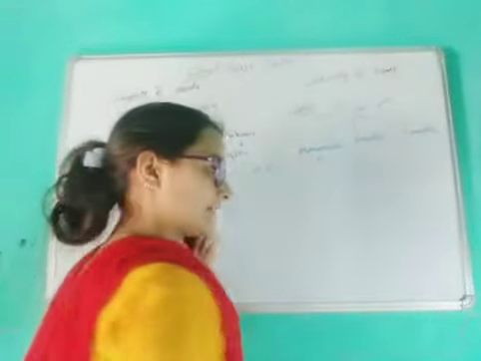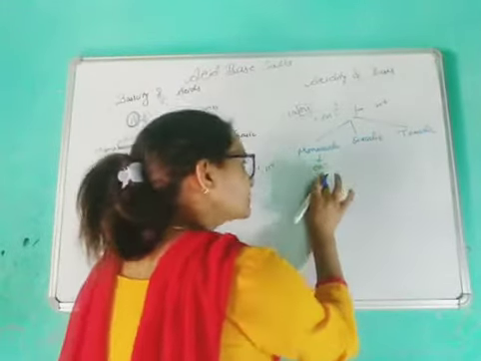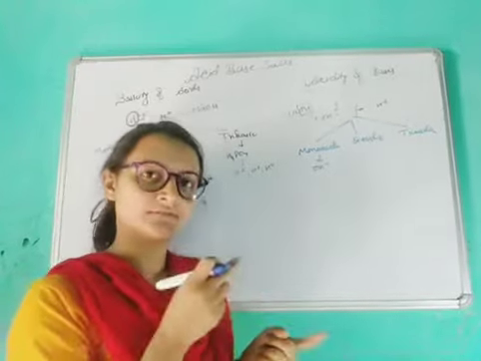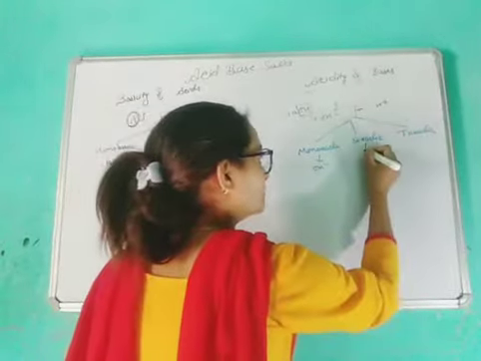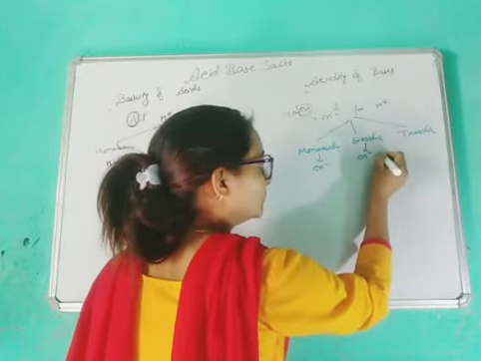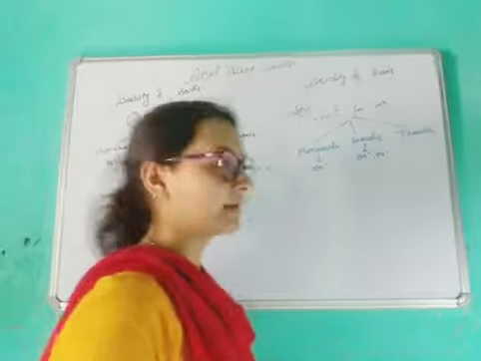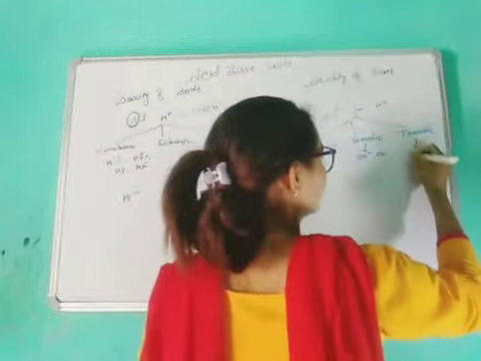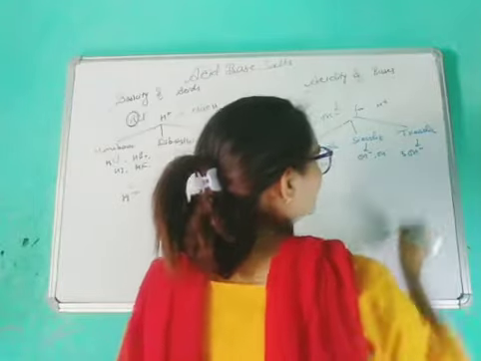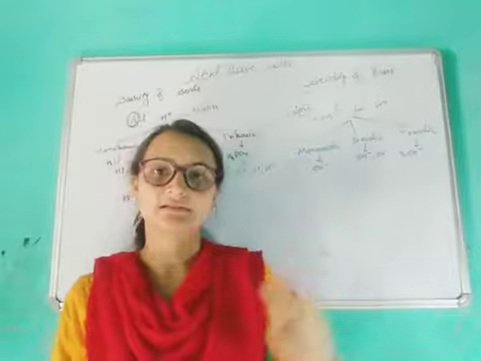Those bases which release only one hydroxyl ion, to get combined with one hydrogen, are monoacidic. Those compounds which give 2 OH negative ions to get combined with 2 hydrogens will be diacidic, and triacidic will be those which release 3 hydroxyl ions.